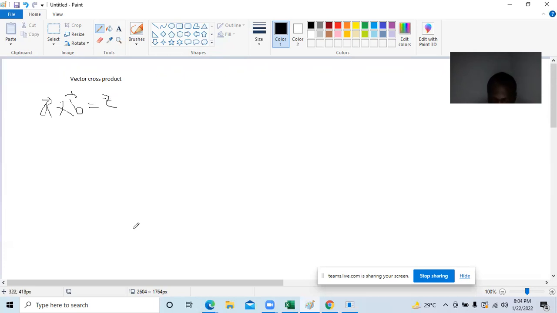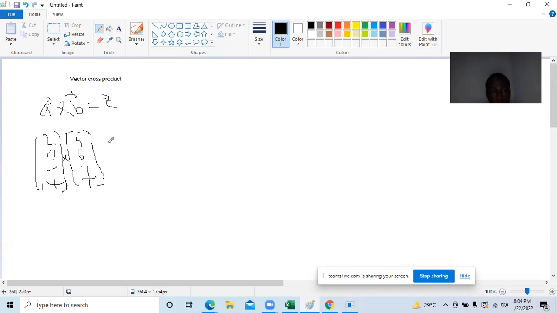So let's say we have vector 2, 3, 4 for vector A, and then vector 5, 6, 7 for vector B. What's going to be the cross product of this? I'm going to give you a formula for finding the cross product because it's very complicated.